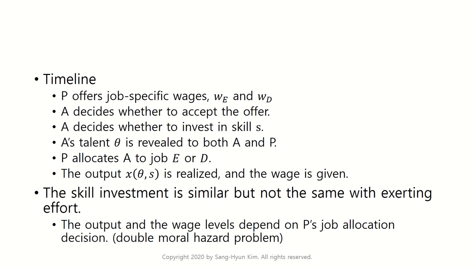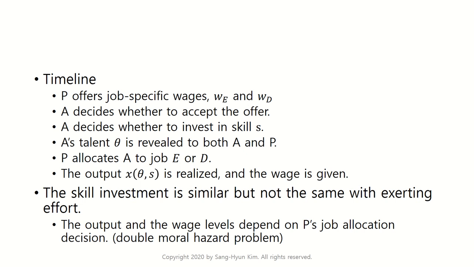So what that means is the structure of the game is different from the basic principal-agent model in the sense that now the principal also has a moral hazard problem. What I mean is maybe the principal doesn't want to promote you. That's the source of the holdup problem. So what's going on is this.